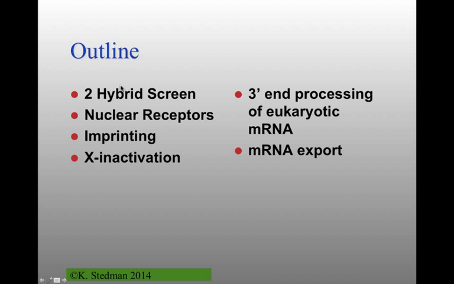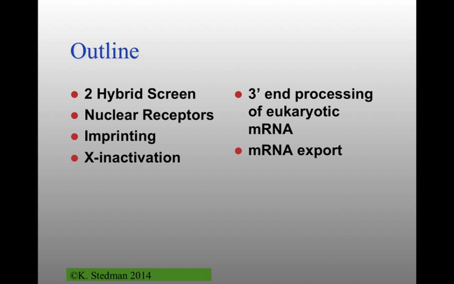So I want to start out talking a little bit about the so-called two-hybrid screen. This is, in fact, a really good review about transcription factors, which are usually transcriptional activators, and how they actually function. And it's a really nice tool that you can use to screen through multiple different proteins that you think are potentially interacting with each other.